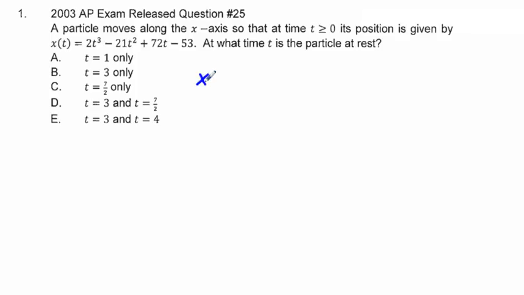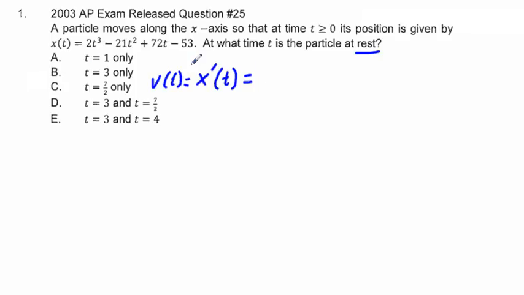So what I'm going to do is just find the first derivative, because when we want to find the particle at rest, we can define the values of t for which x prime of t, the first derivative, equals 0. x prime of t is the velocity, so I'll just put v of t.